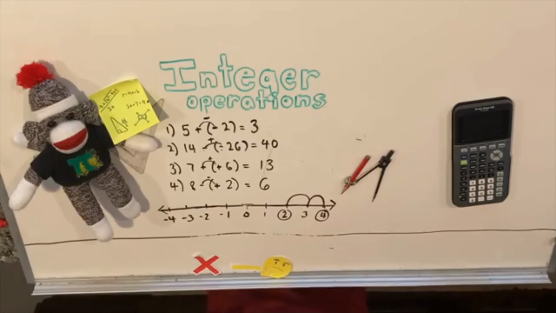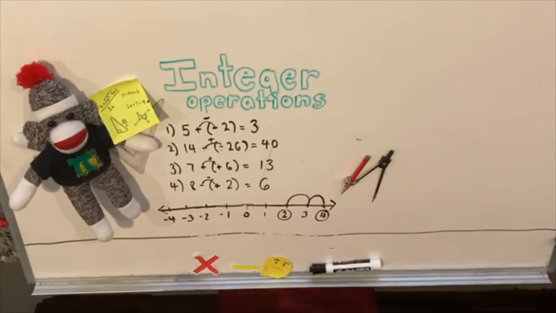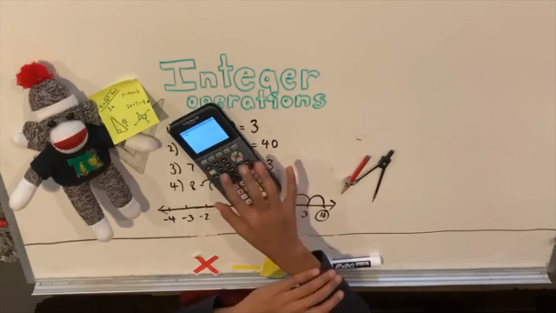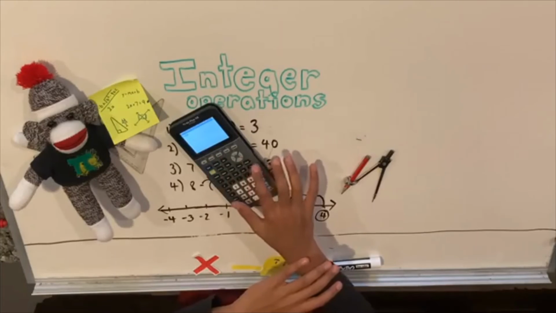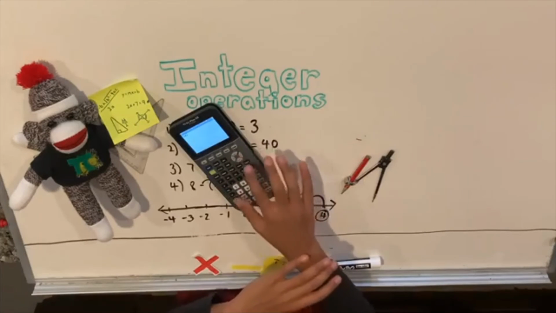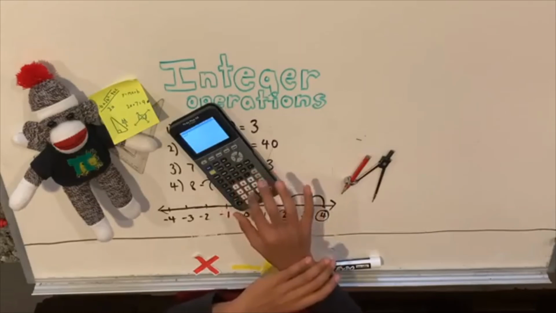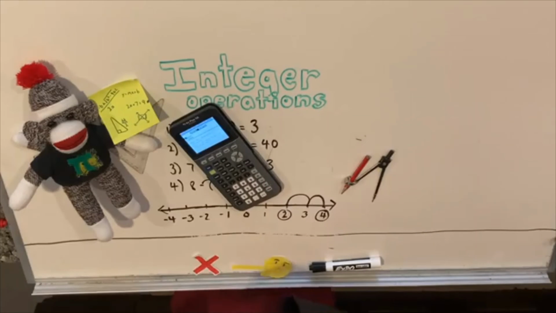And now I'd like to show you on a calculator what happens if you do enter a positive sign in front of a number. So for example, if we have 7 plus positive 2, what happens in this situation when we click enter is it gives us an error, because when we enter the positive sign in front of the number, that's not how we write it normally.